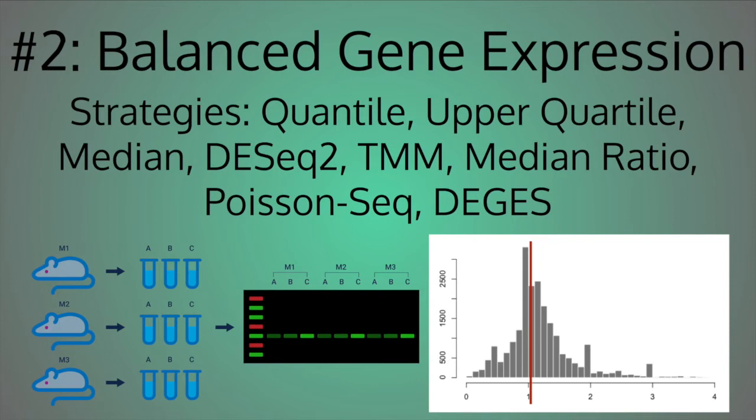Another important assumption here is that the technical variation for a non-differentially expressed gene is going to be the same as it is for a differentially expressed gene. As you can see in the diagram to the left, this is a different protocol, but 3 different researchers working with 3 different mice prepared 3 different samples, and then they need to perform one method and try to get the same results.